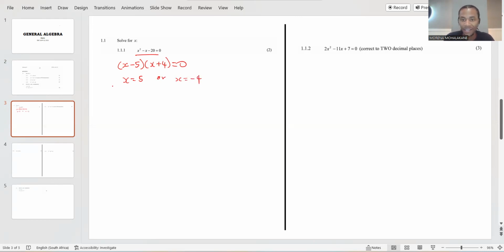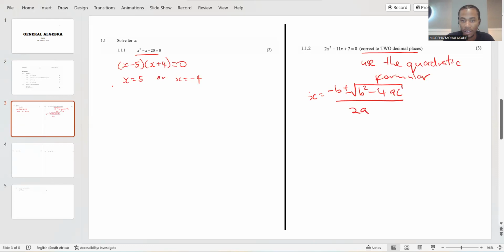Then secondly, what they're telling you is to actually use the quadratic formula. They're just putting it in different words. So you say x equals minus b plus or minus the root of b squared minus 4ac, all over 2a.